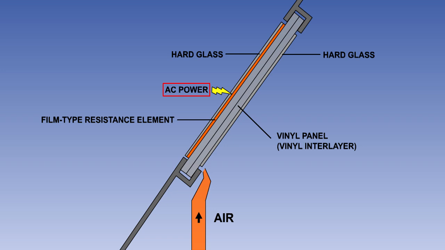In both types of system, the resistance element is heated by alternating current or AC supplied from the aircraft's electrical system. The power required for heating varies according to the size of the panel and the heat required to suit the operating conditions. Air from the air conditioning system can be blown across the inside of the screen for demisting purposes.